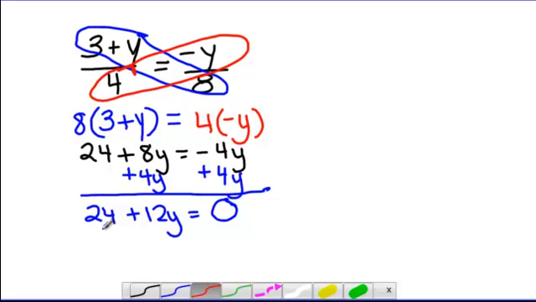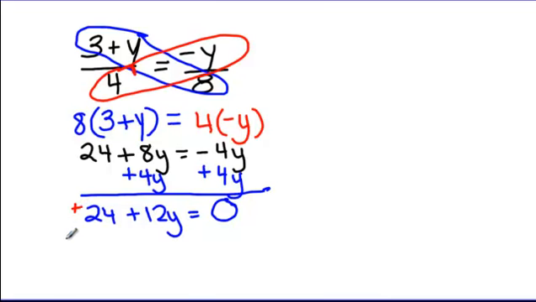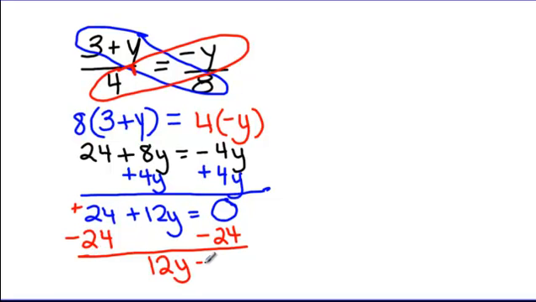That's right. I'm going to move the 24. By changing the side, I'm going to change the sign. We understand this to be positive, so we're going to subtract 24 from each side, and that will give me 12y is equal to negative 24.